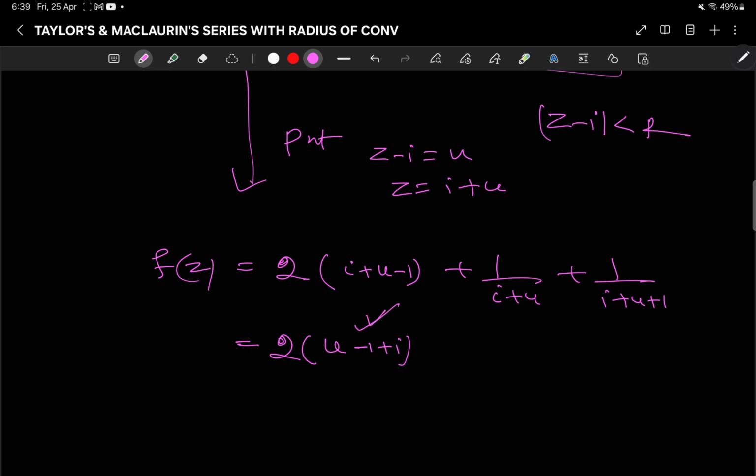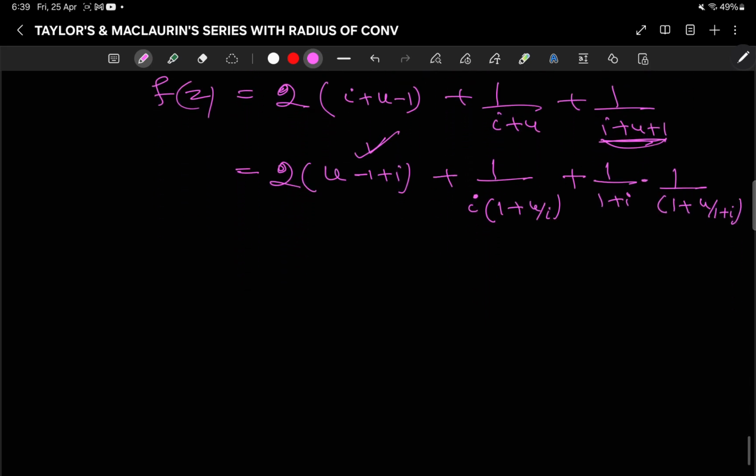It is a constant. It will be like this, plus it is 1 by, if I take i common, it is 1 plus u by i, and if I take common here 1 plus i, it will be 1 by (1 plus i), taken common, 1 plus u by (1 plus i).